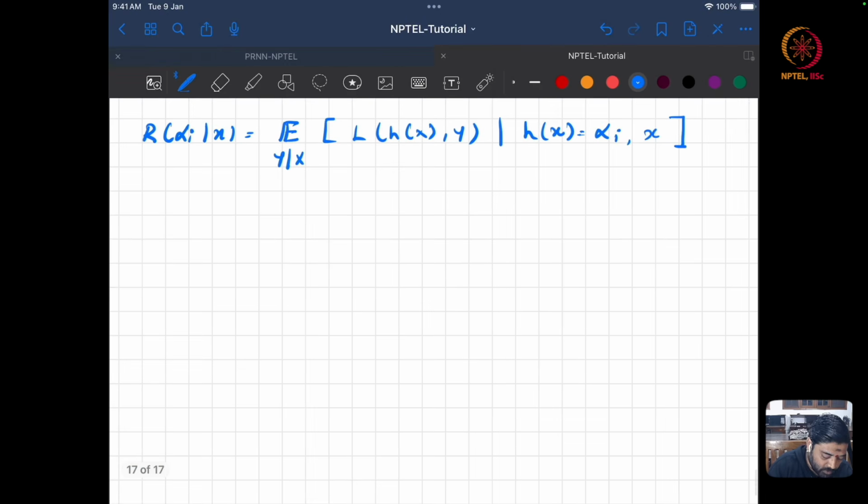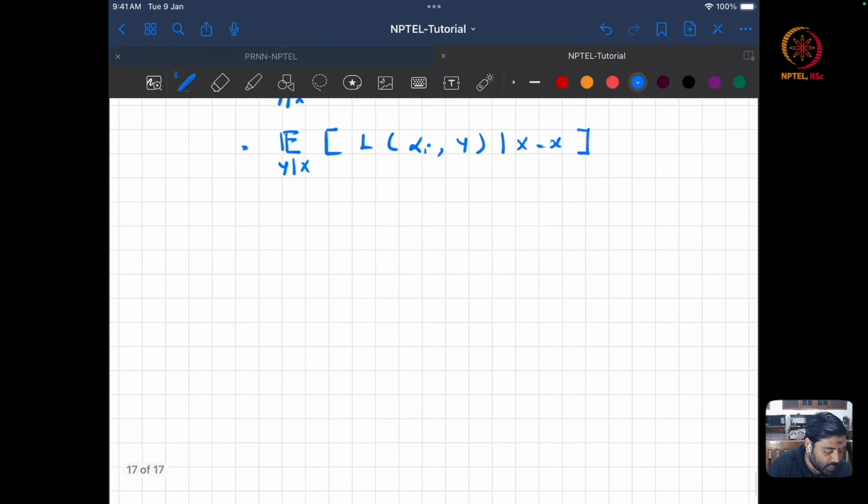So this will again be an expectation with respect to y given x of loss alpha I, comma y, because I already know that the outcome of my hypothesis is alpha I, conditioned on x equals x. Okay, fine.